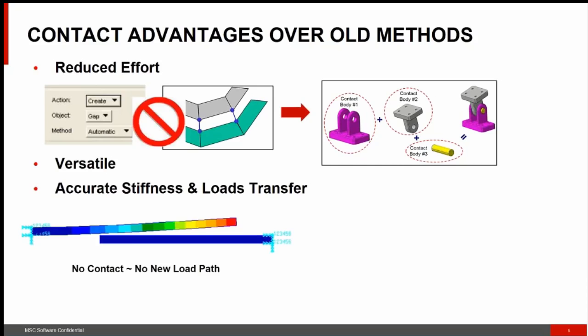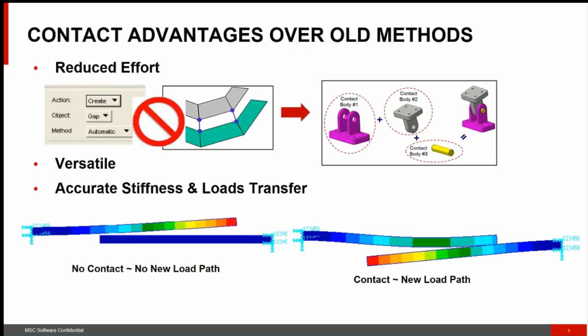Also, another benefit of using contact is the accuracy, which is very important. As you can see here, I have two pictures. On the left side, we have the two plates contacting when there is no contact defined, so structures are not aware of each other. If you look at the deformation, they may pass through. But when we have the contact, the load path is changed. For complex assemblies, how the load is transferred from one part to another is very crucial when it comes to calculating the accurate stress distribution.